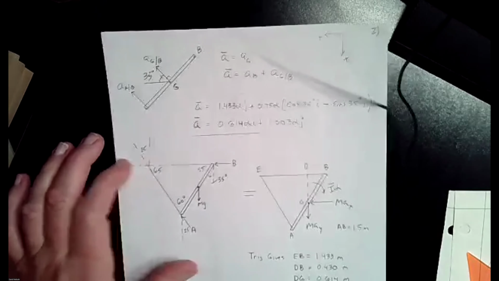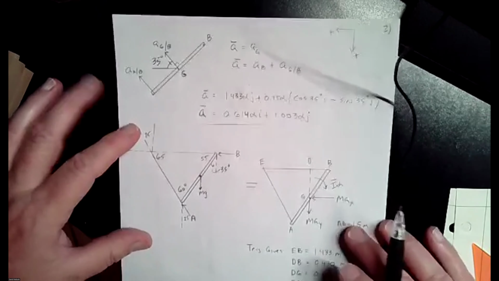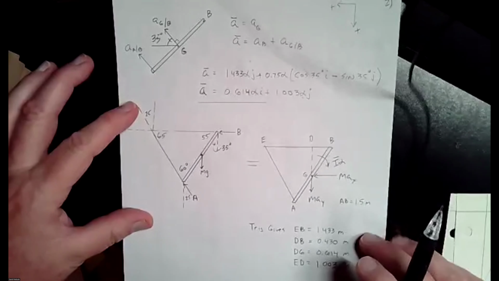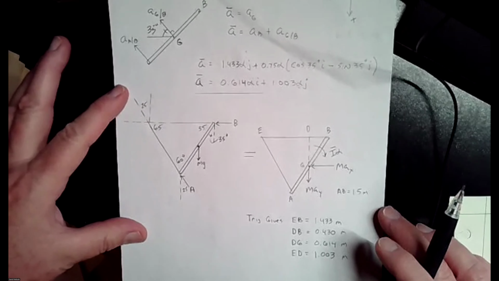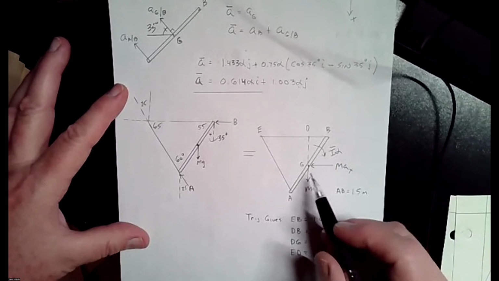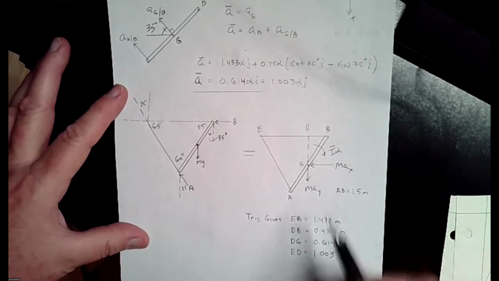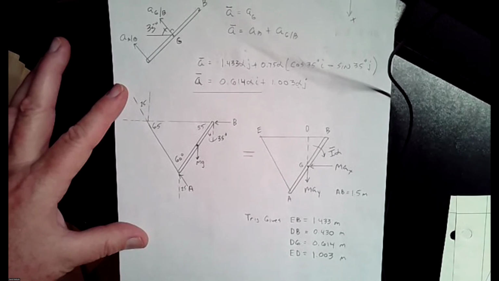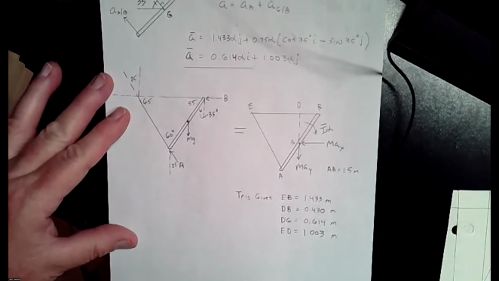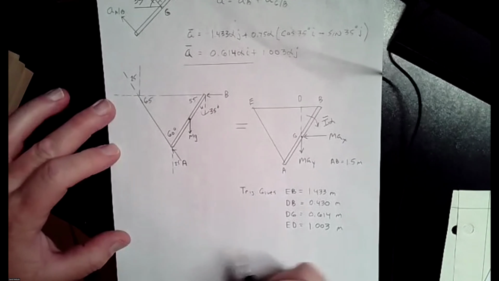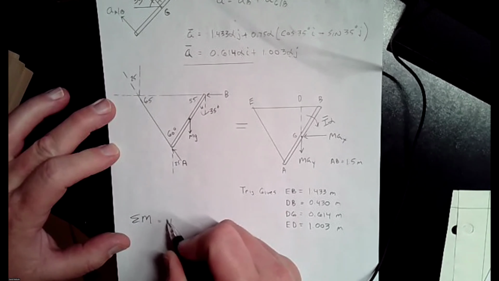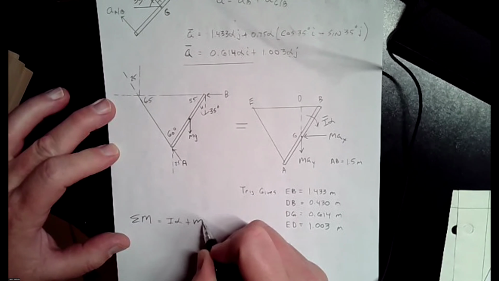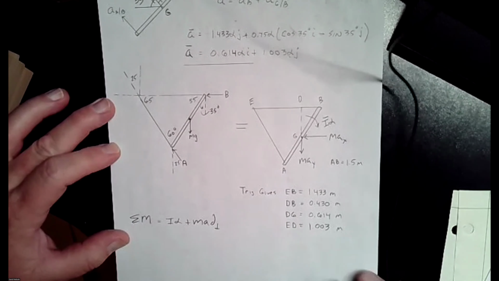Okay. All right. So now that we have that, let's look at how we can determine the actual value of that. Now you recall that in order to do that, we're going to have to use that equation that you've used before that says the sum of the moments about a point is equal to I alpha plus MAD, perpendicular, right?